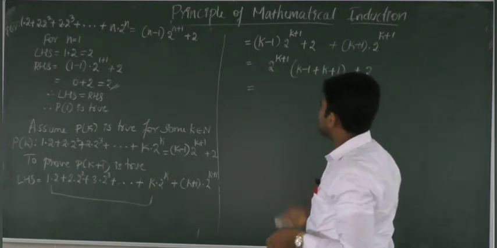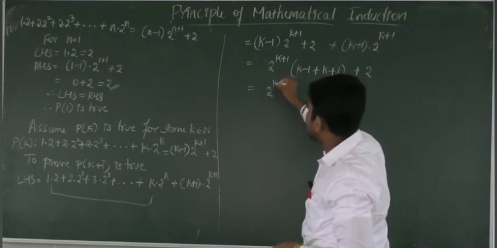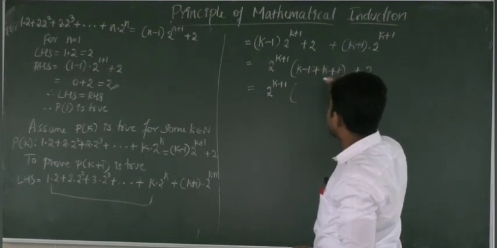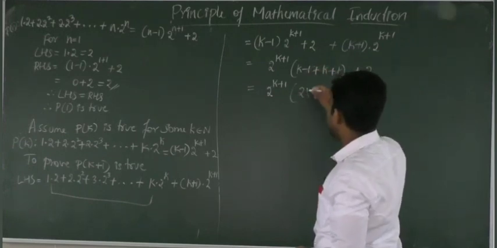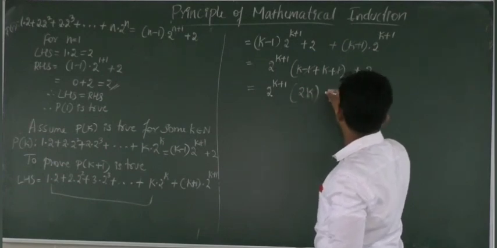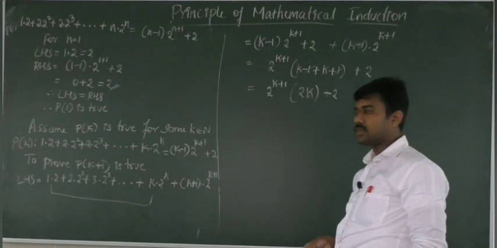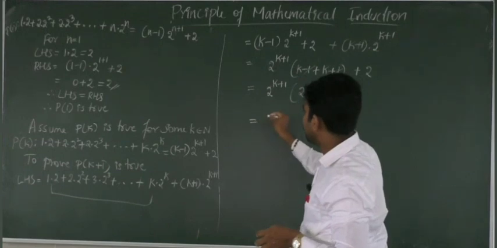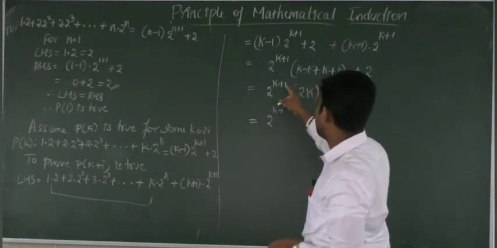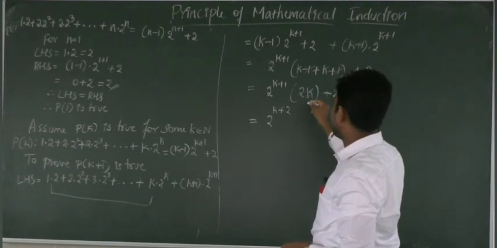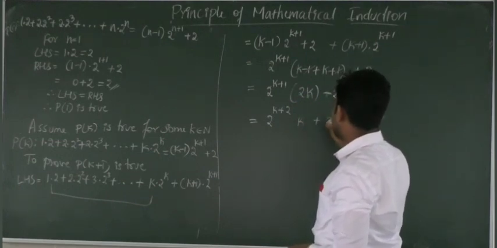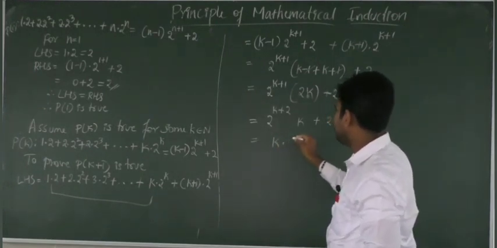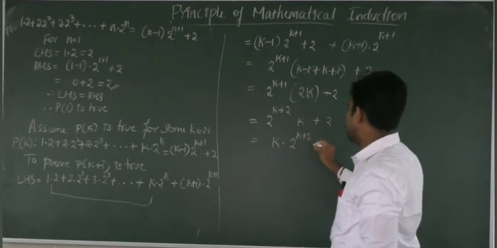This is nothing but 2 to the power k plus 1 into: minus 1 plus 1 cancels, k plus k remains, which is 2k, plus 2. Again you have the same base, so you can add the powers of 2. So 2 to the power k plus 1 plus 1, that is k plus 2, into k plus 2. Or this we can rewrite as k into 2 to the power k plus 2, plus 2.